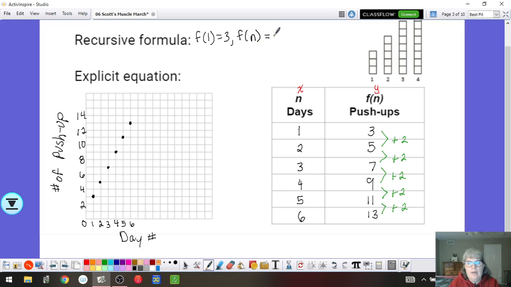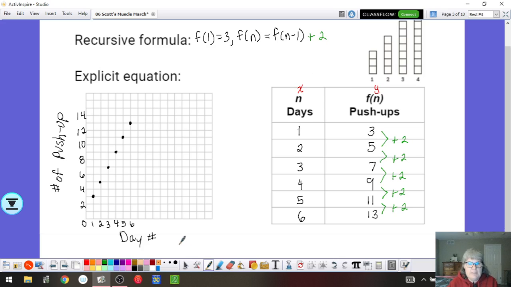So to get f of n, to get the next value, I take the previous value, and as we look at our pattern here, we're increasing by 2. So this plus 2 that we have, when it's a linear pattern, you're going to have f of n equals f of n minus 1, and then you're going to just write what that constant difference is. In this case, that constant difference is 2.